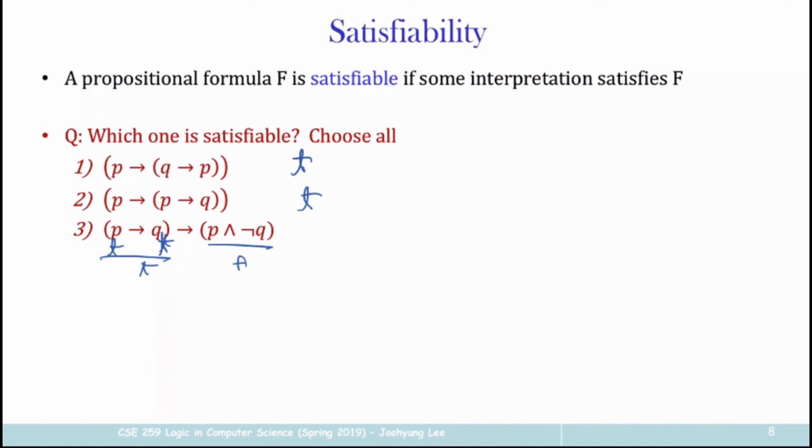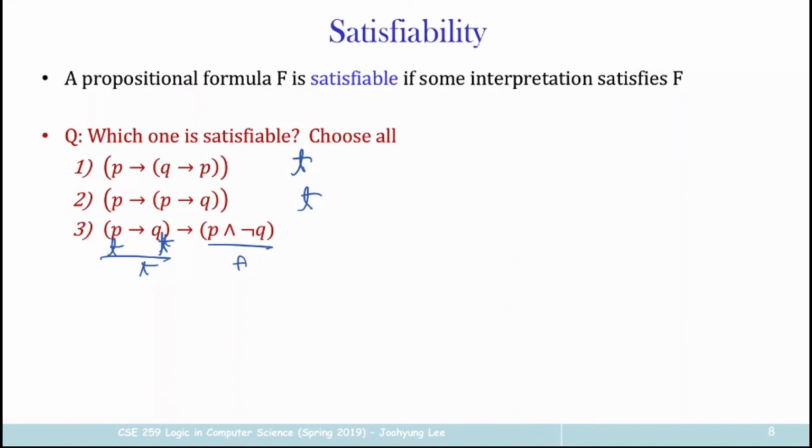No. It simply means that I was unlucky that the interpretation I tried was not the one we are looking for. There could be another interpretation that makes this formula true. Having one interpretation that doesn't make the formula true doesn't mean the formula is not satisfiable.